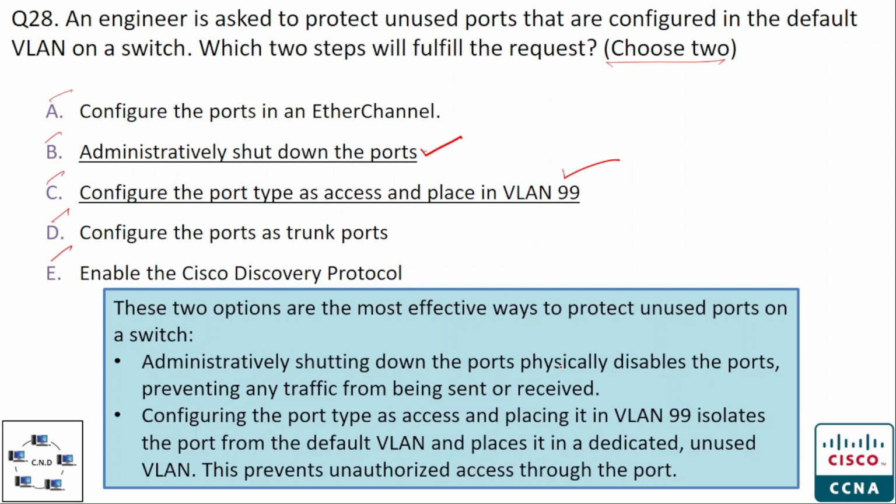Administratively shutting down the port physically disables the port, preventing any traffic from being sent or received. Configuring the port type as access and placing it in VLAN 99 isolates the port from the default VLAN and places it in a dedicated unused VLAN. This prevents unauthorized access through the port.